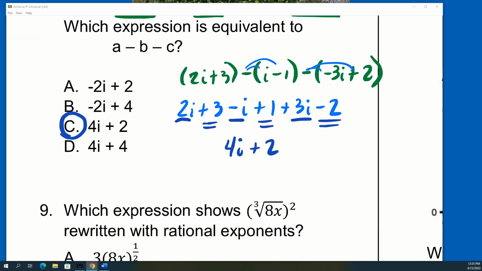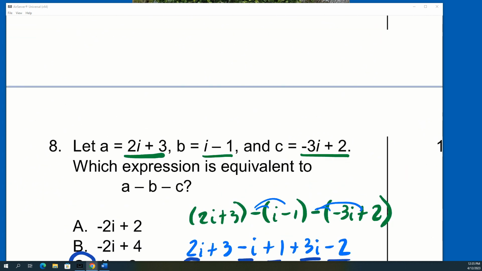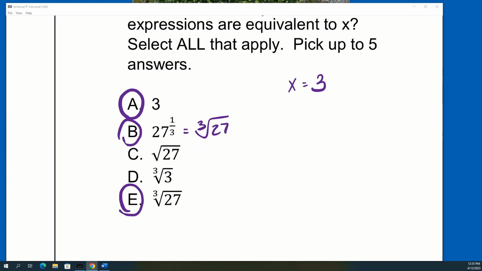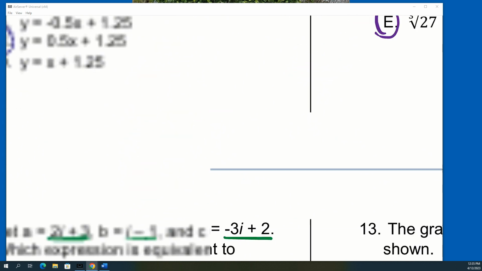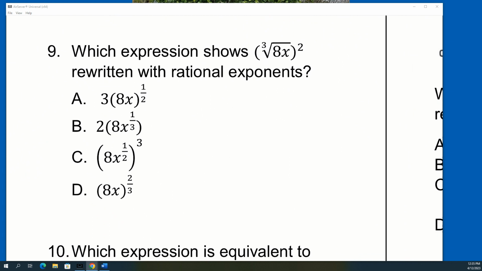All right. Now 9 takes what we were talking about with this fractional exponent, meaning a type of root, a little bit further. Okay, so we have it as a radical, and we want to write it with an exponent. And so this 8x is going to be raised to a power.